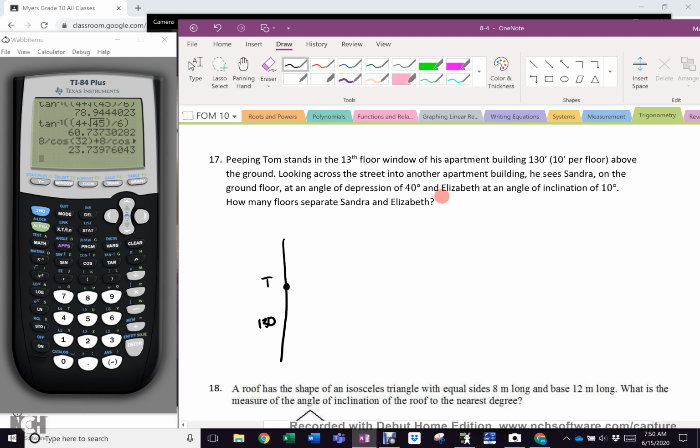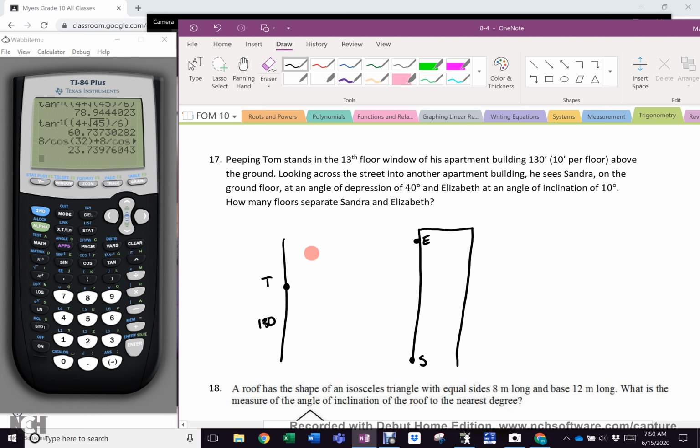He looks across the street at another building, and he sees Sandra on the ground floor. So there's Sandra at an angle of depression of 40, and he sees Elizabeth right there at an angle of inclination of 10.